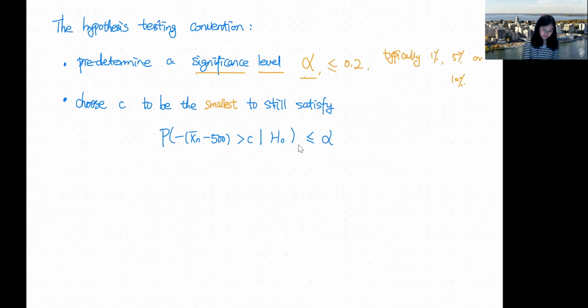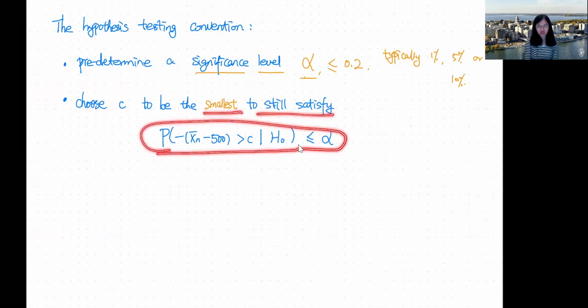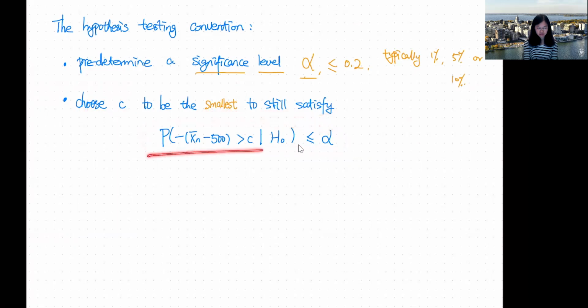And then once you determine this significance level, you select your C, the threshold, to be the smallest to still satisfy this inequality. What is this inequality? You are trying to control the null rejection probability, or the probability of type 1 error, to be below alpha.